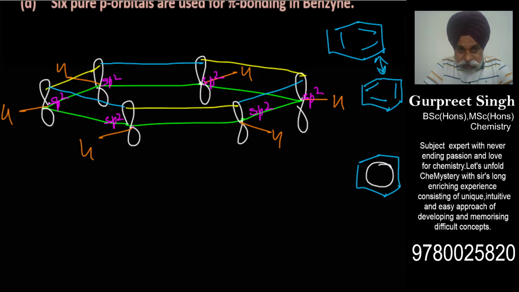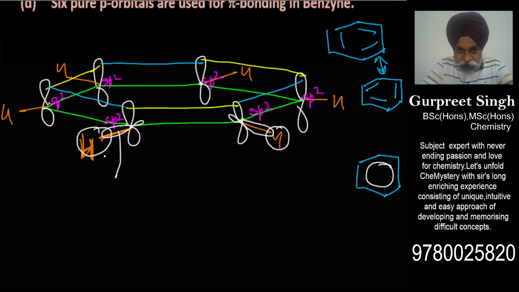Now, what type of sigma bond does this orange colored carbon-hydrogen bond have? If I write it here, it is an sp2 hybrid orbital on carbon, and this is an s orbital on hydrogen. So there is a bond between hydrogen and carbon.